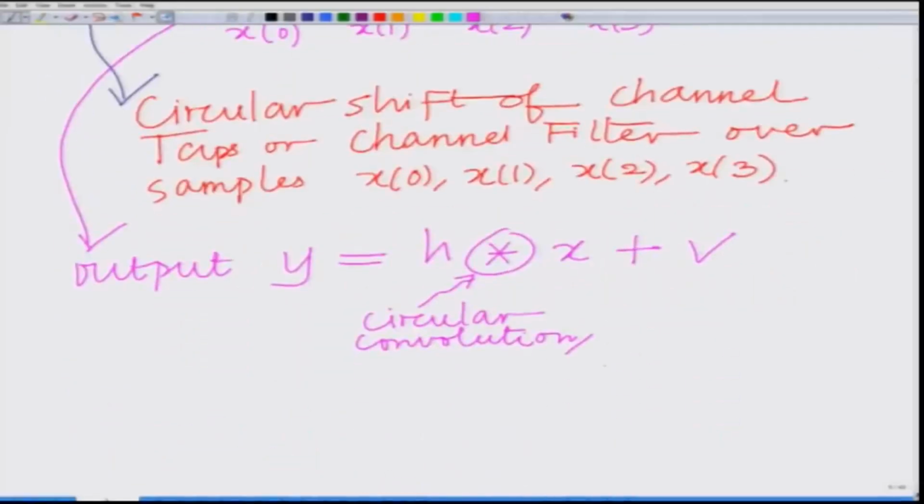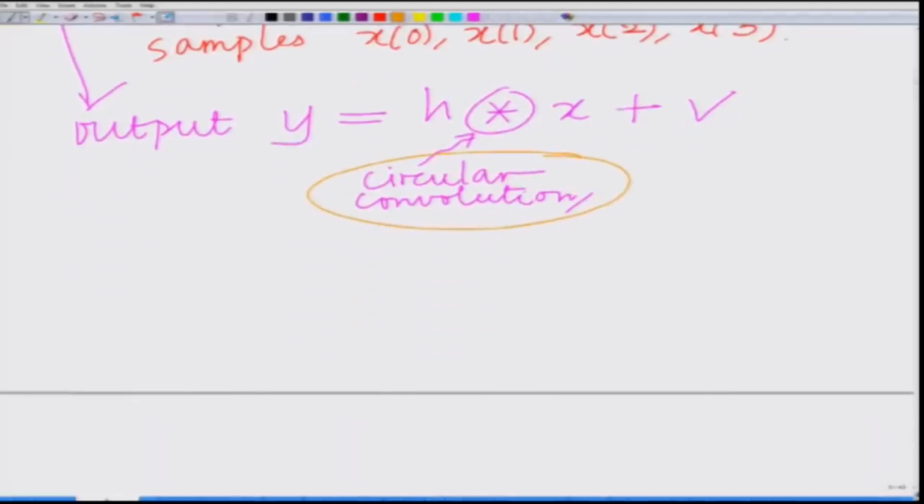Therefore, because of the addition of the cyclic prefix, the action of the channel on the input symbols represents a circular convolution, and the output y is the circular convolution of the channel filter h with the samples x, plus the noise. This is the important point. By addition of the cyclic prefix, we have converted the output of a channel into a circular convolution. Why is the circular convolution arising?